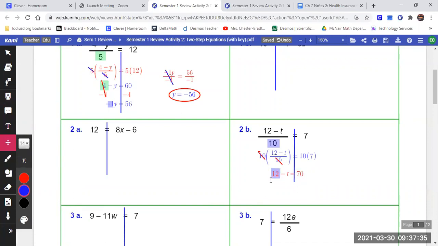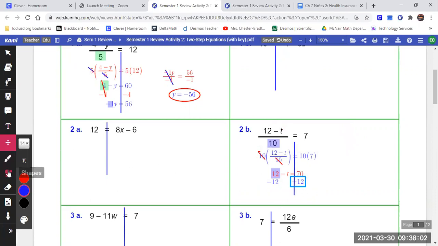Subtract 12 from both sides. From the left side, 12 becomes 0. From the right side, because whatever you do to the left, you have to do to the right to keep the balance going. You have to stay in balance. That's what this balance line is for.